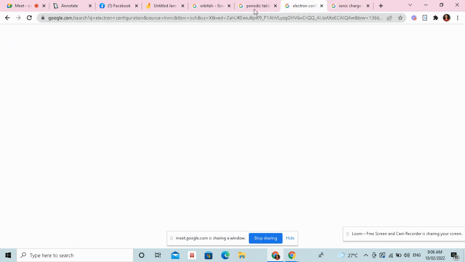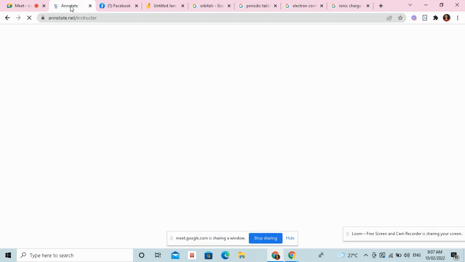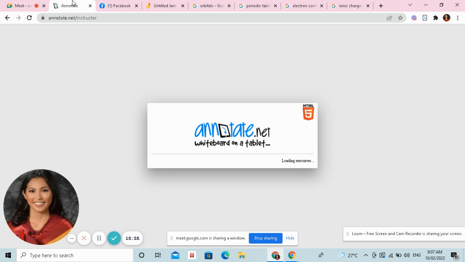Okay, so anyways, that's how you compute the valence electrons of transition metals. You include the s orbital and the d orbital. Okay?